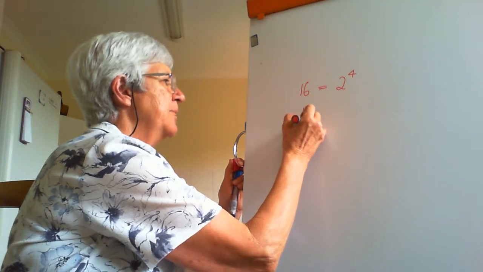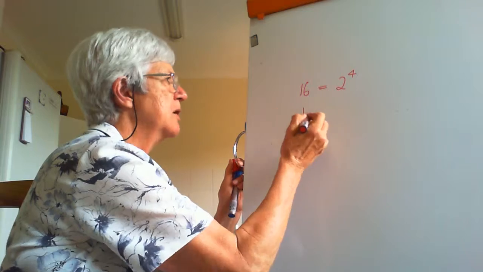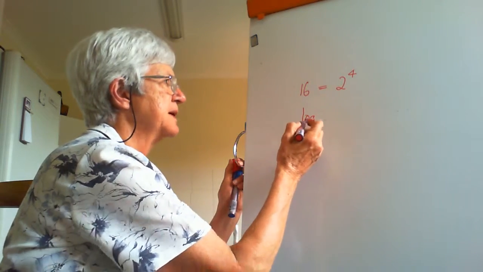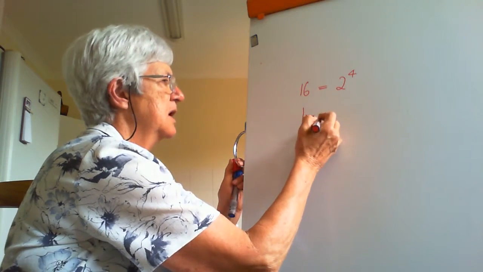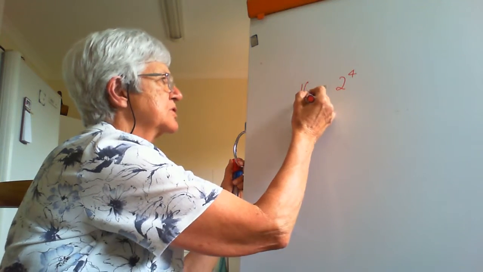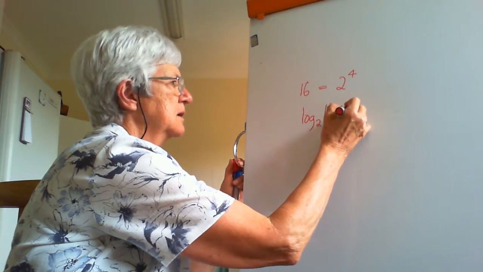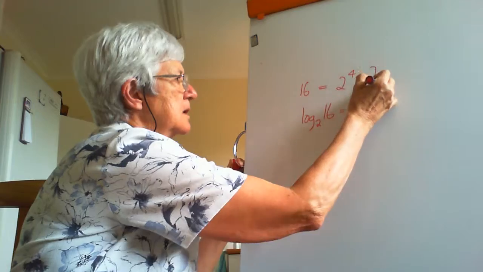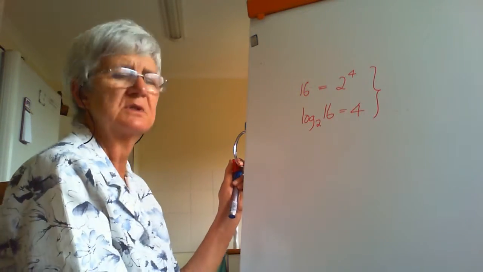So the power, now it's the power of which number? Which number is our base? It is the 2. And the power of 2, which gives us the 16, is 4. So those two statements are equivalent.